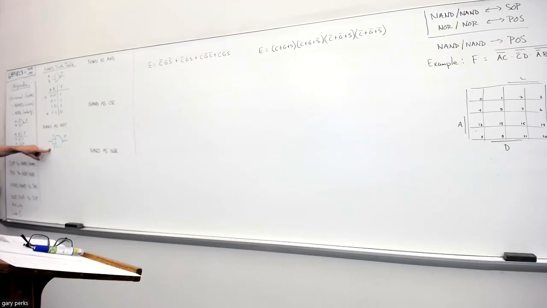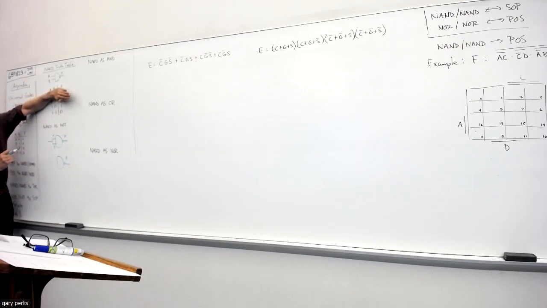Okay, because there's another way that you can connect a NAND to act like an inverter. And this other way is looking at just the bottom two rows of this truth table. So just block out the first two rows.